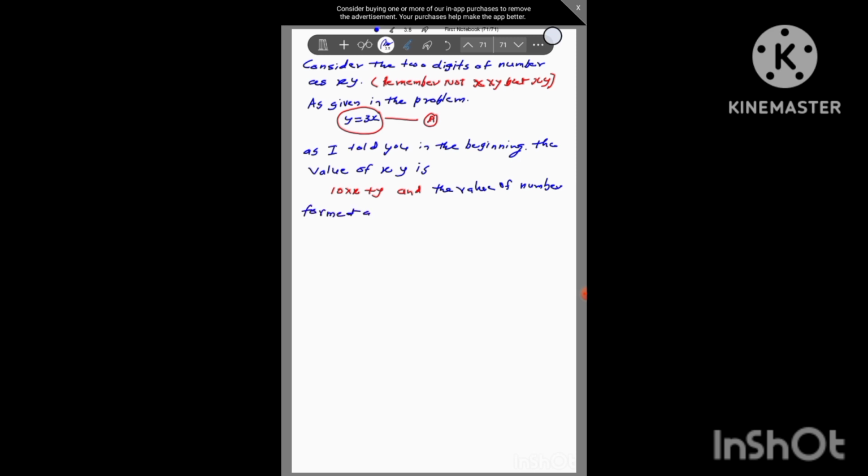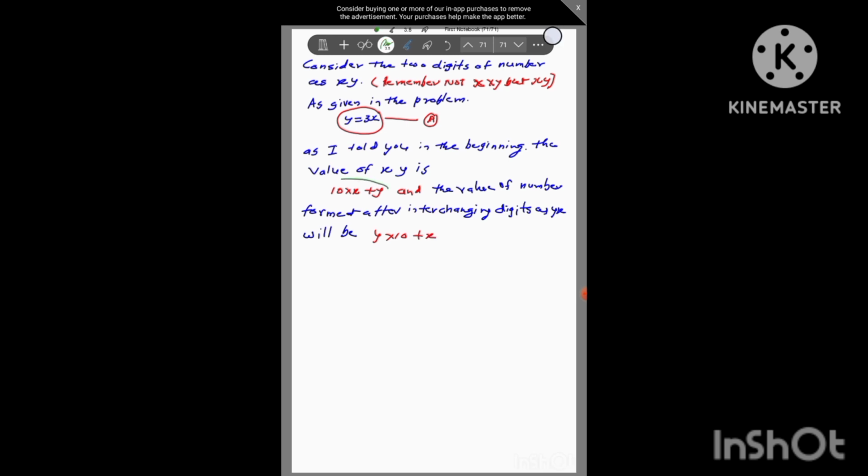If you understand this, then you are understanding what is required for the problem. Now we are interchanging these digits as yx, and the value will be y into 10 plus x.